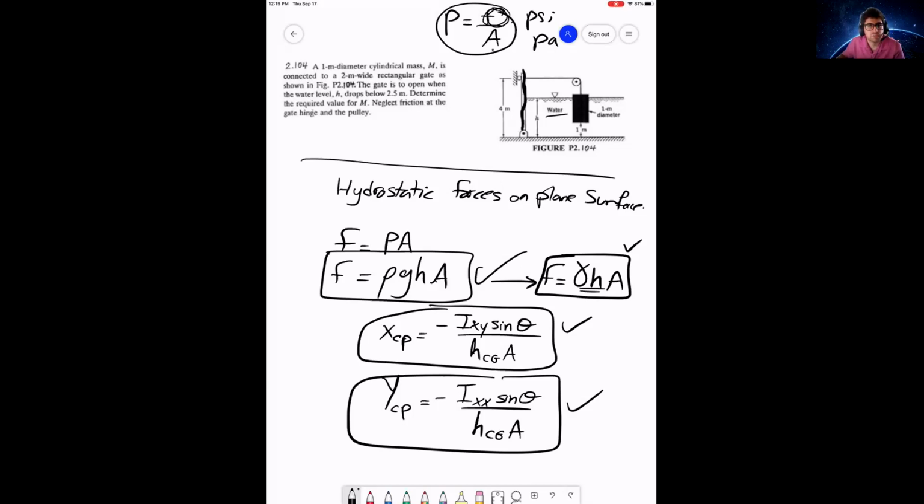Gamma h is the pressure at that location, but that's gauge pressure, not absolute pressure. I think I confused some of you last session between gauge pressure and absolute pressure. What's the difference between the two?